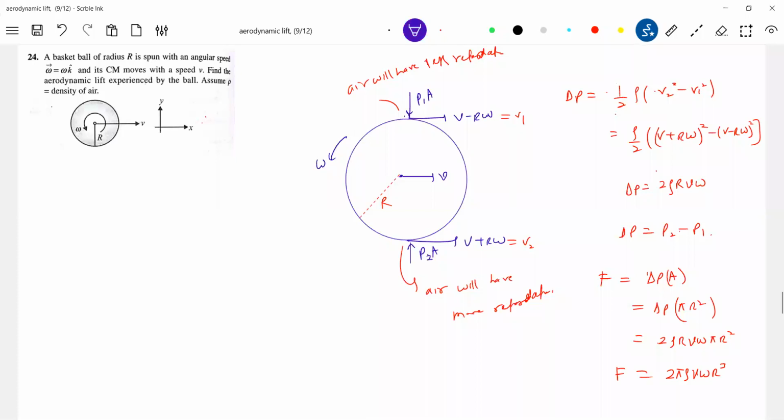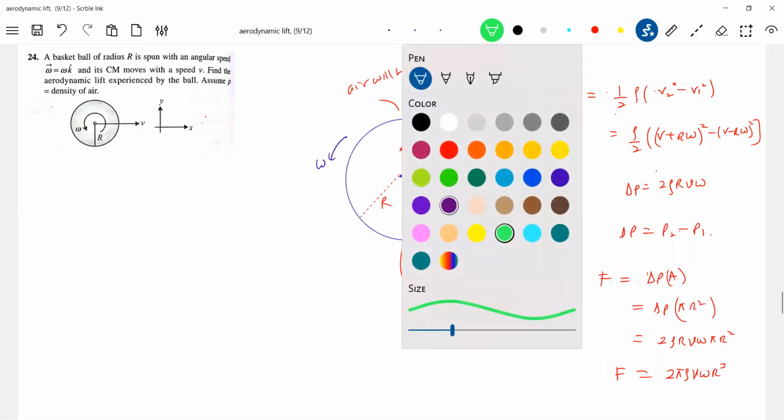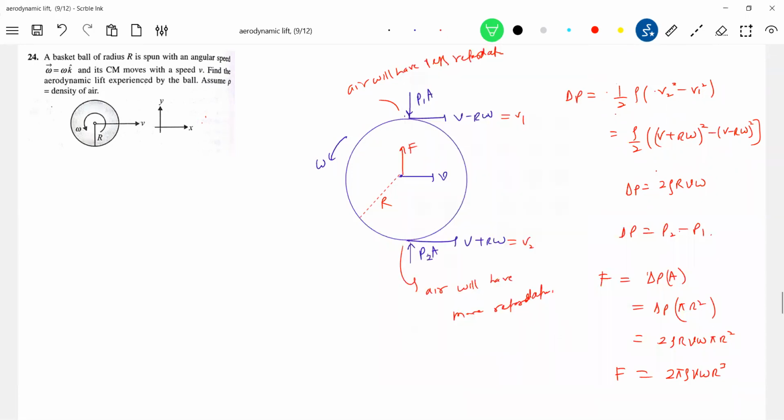What direction do you have to show it? This force will be acting upward. Now look at how the trajectory of this ball will be, and this diagram is very important.